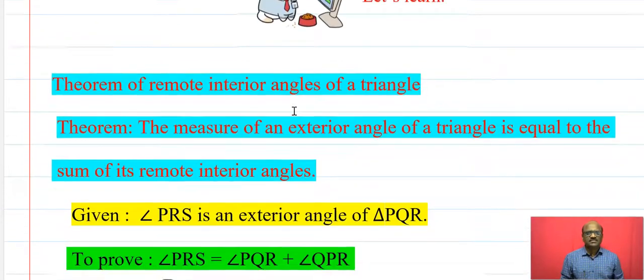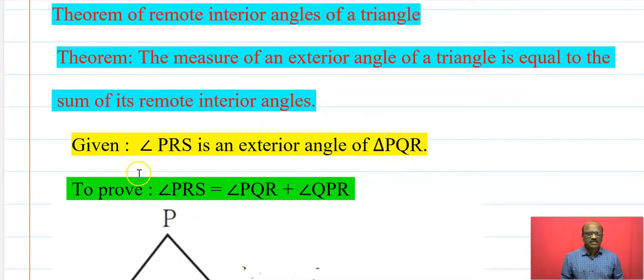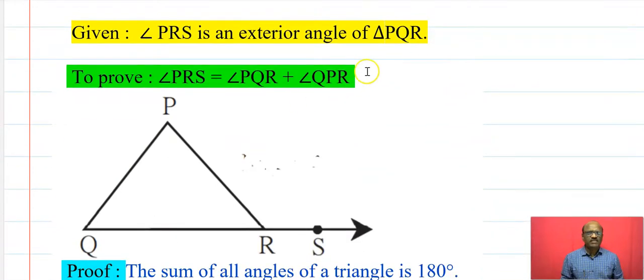Now let us start the theorem of the remote interior angles of a triangle. What is the statement of this theorem? The measure of an exterior angle of a triangle is equal to the sum of its remote interior angles. Given: angle PRS is an exterior angle of triangle PQR.